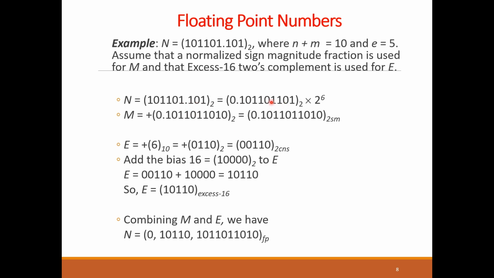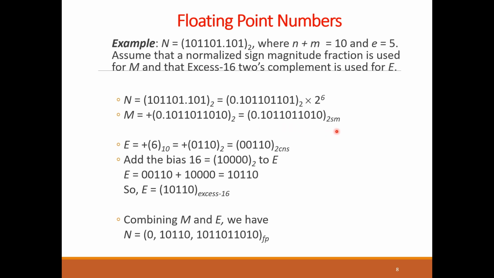First of all, you will move the binary point to the front, so it becomes like this. Now see, in the fraction part there are only 9 bits, but the representation is for 10 bits. So you will just add a 0 at the last. It is not going to change the value of the fraction, but you are utilizing all 10 bits.